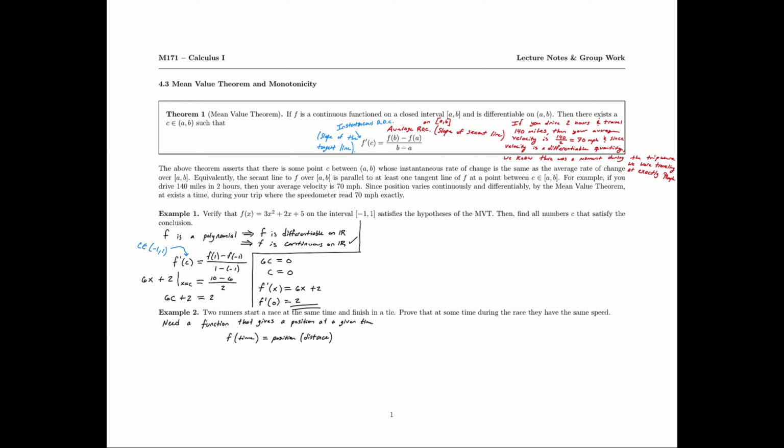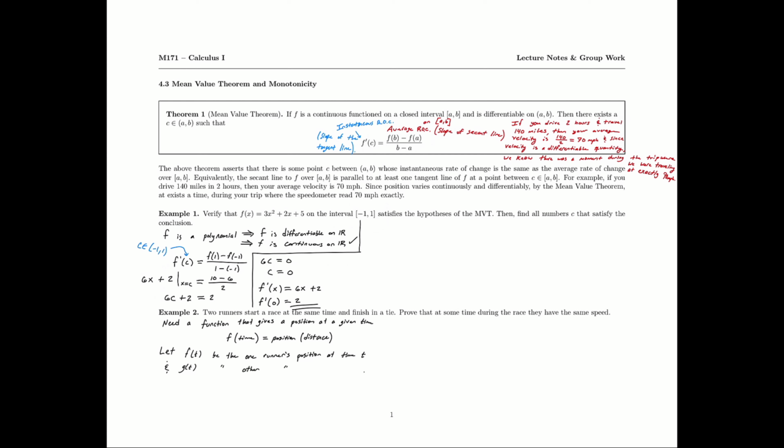So what I'm going to go ahead and do here is define two functions. Let f of t be the one runner's position at time t, and let's say g of t be the other runner's position at time t.